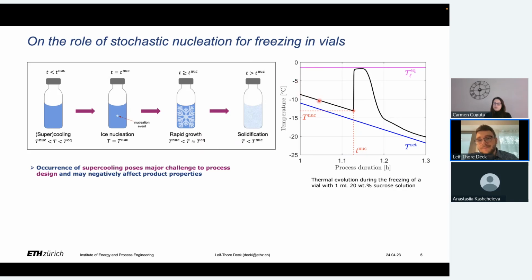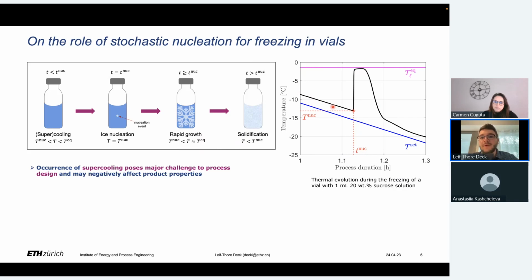We follow the blue line closely, but then at some point we have a sudden rise in temperature. We stay up to the equilibrium, and then we cool down again. And what happens here is the following, that for all this time here, we are still in liquid state. We are supercooled, meaning we are at a temperature where ice could form, but in order to do so, this phase transition from the liquid to the solid has to be initiated by the formation of a nucleus.